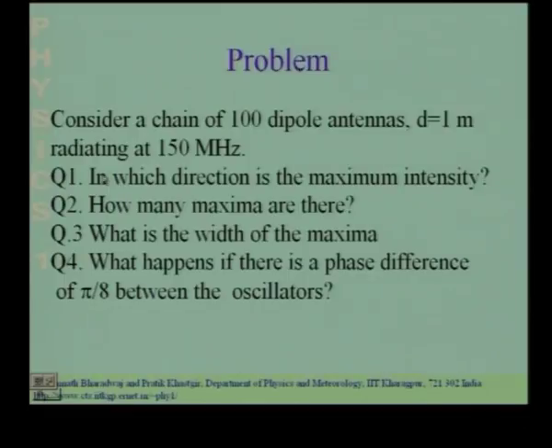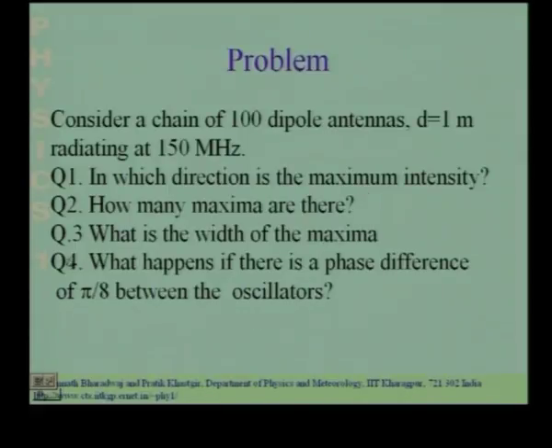The first question is, in which direction do we have the intensity maxima? So, in which direction is the maximum intensity? The second question is, how many such maxima are there? We have seen that there could be more than one maxima. So, how many such maxima are there? Then, what is the width of the maxima?